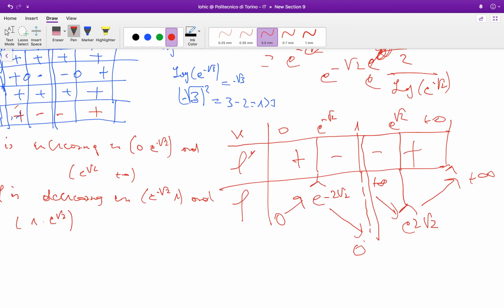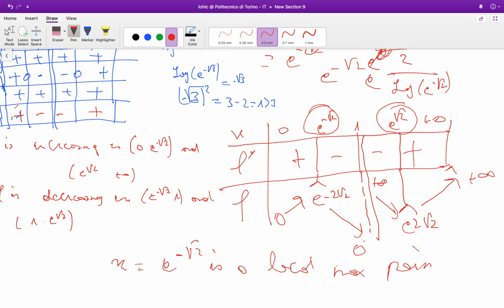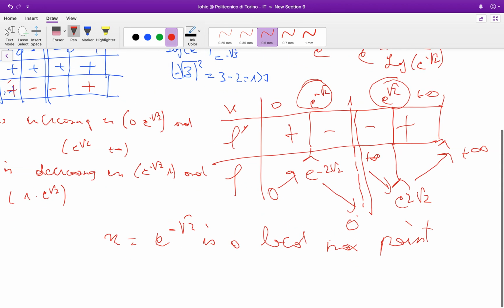So one can easily see that this point here is a local maximum, and this one here is a local minimum. Okay, so x equal to exponential of minus root 2 is a local maximum point, and x equal to exponential of root 2 is a local minimum point.